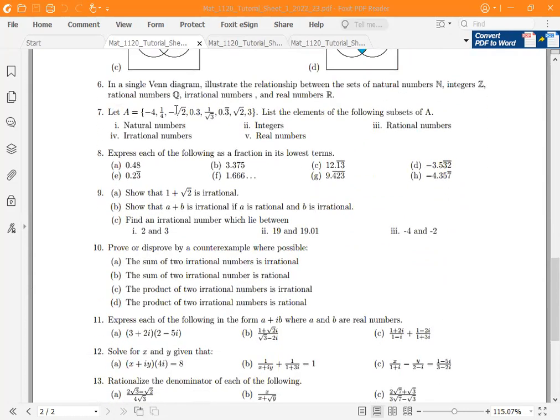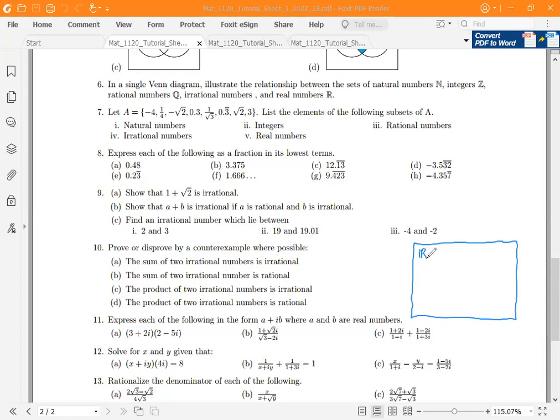And then question 6. In a single Venn diagram, illustrate the relationship between the sets of natural numbers, integers Z, rational numbers, irrational numbers, and the real numbers. Just give an illustration on a Venn diagram. So the illustration will be, I'll have this set, that is the set of real numbers.